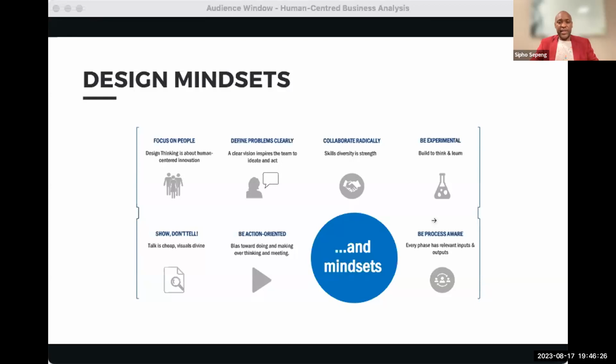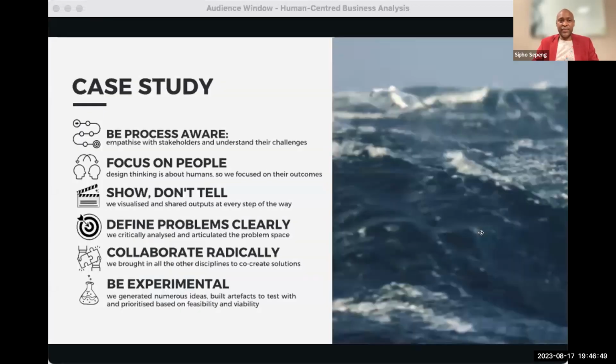Be action-oriented, be process-aware, collaborate radically, and define problems clearly. It also thrives on experimentation. And I'll discuss these mindsets on the next slide.